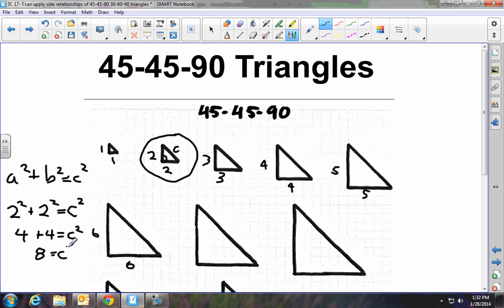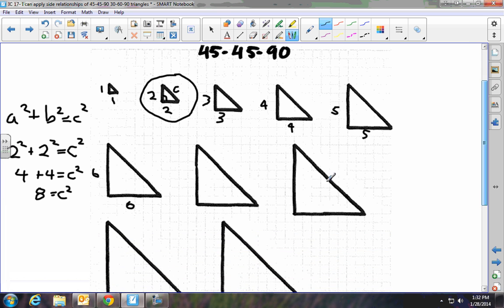And you'll remember that the very last step we have to do is to square root both, because we're not interested in c squared, we just want to know what c is. So we square root both. Of course, c squared square rooted just takes us right back to c. And you'll remember that in order to simplify radicals, we have to break them down into their factors. In this case, we would have 4 and 2.